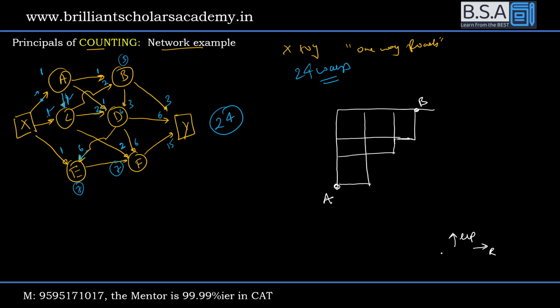In how many ways can you travel on this grid? You can take upward or rightward twist or turn. In how many ways can a person travel on this grid?